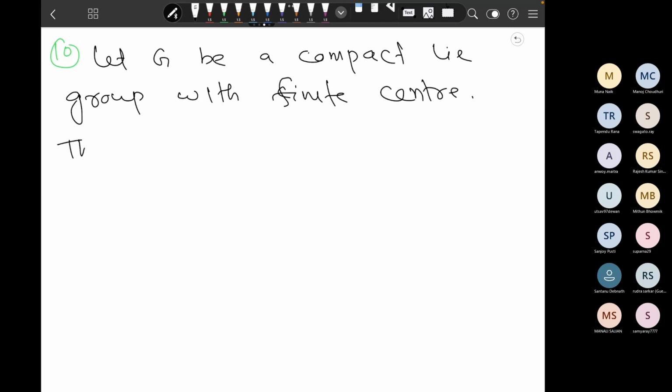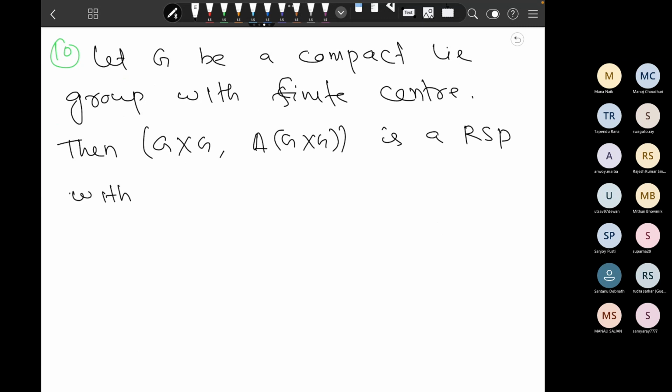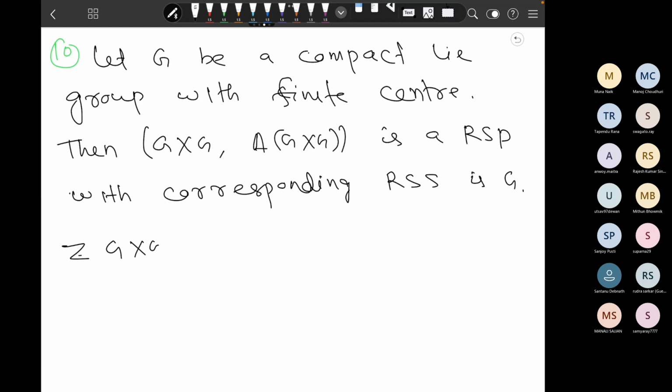Then we know that G cross G, delta G cross G is a Riemannian symmetric pair with corresponding RSS being G. Now what is Z of G cross G?